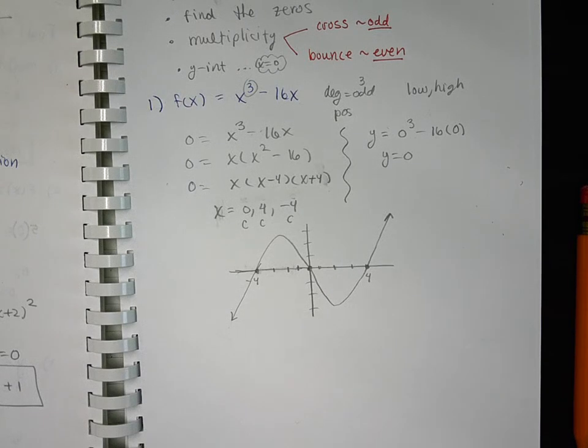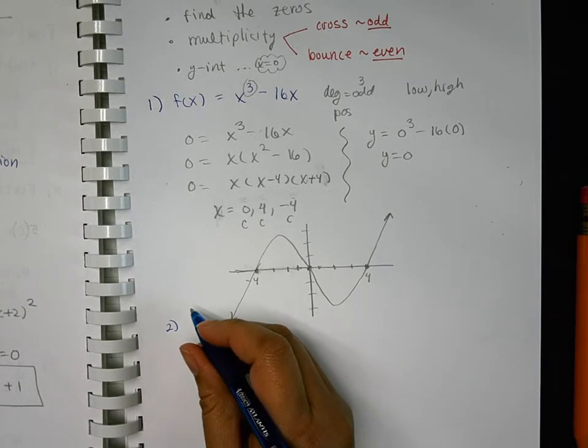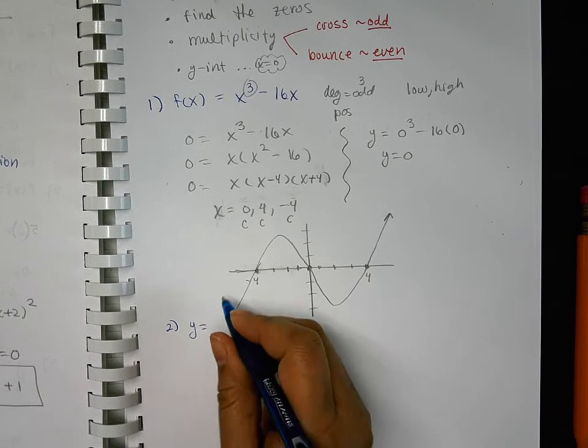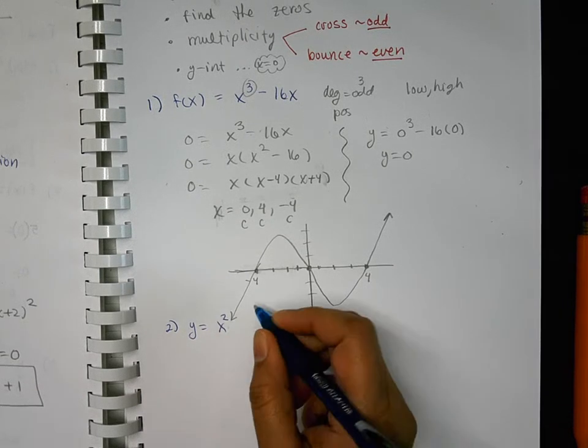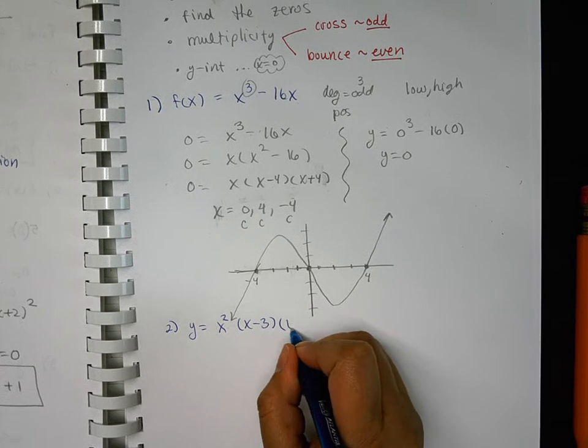All right. Number 2. Y equals x squared, parentheses x minus 3, parentheses x minus 5.